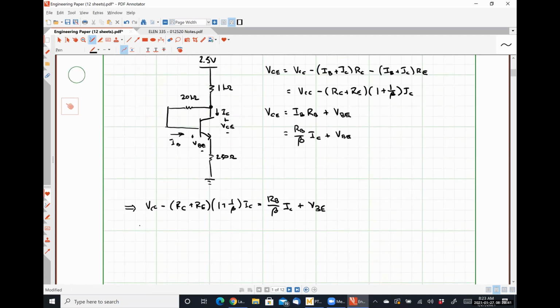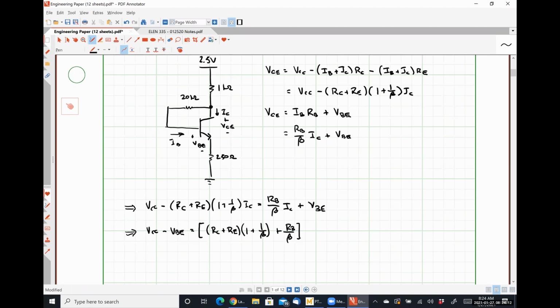And I'm going to do a little bit of rearranging here. VCC minus VBE will then be equal to RC plus RE times 1 plus 1 over beta plus RB over beta, all multiplied by IC.